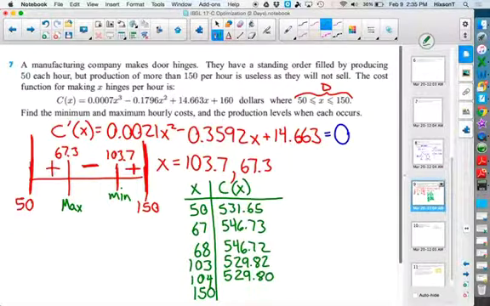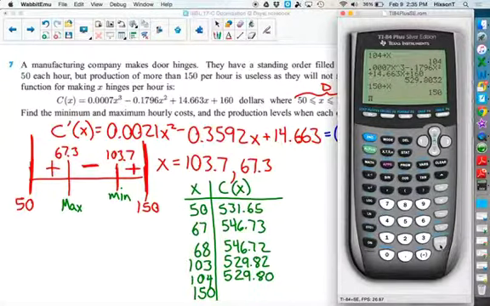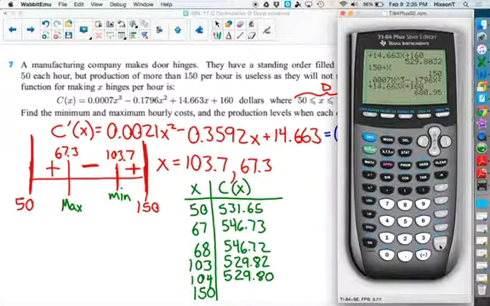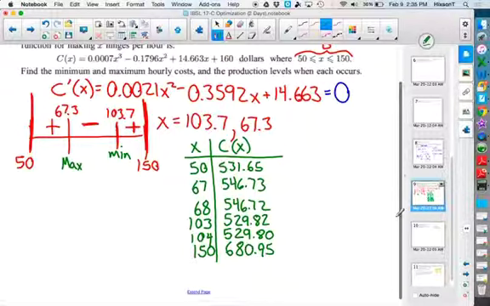And then 150. 150 store x: 680.95. So 680.95 is your max, but 103.7 is still your min.